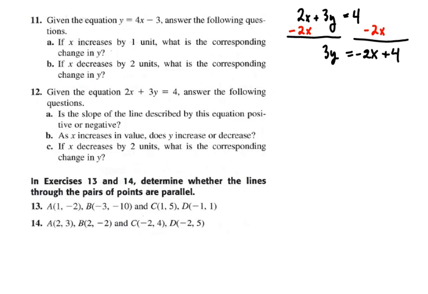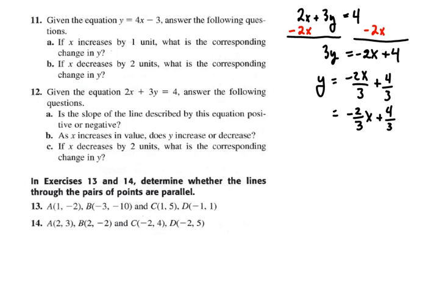Now to get y by itself, I still need to divide by 3, and I have to divide every term on the right side by 3 also. So that's -2x over 3 + 4/3. Now hopefully you're comfortable with the fact that -2x divided by 3 can also be written as -2/3 times x + 4/3.